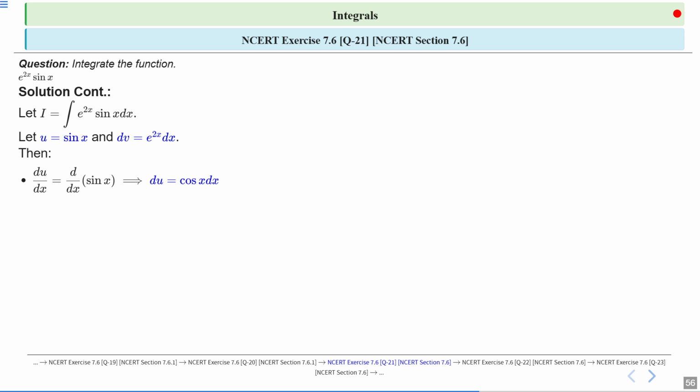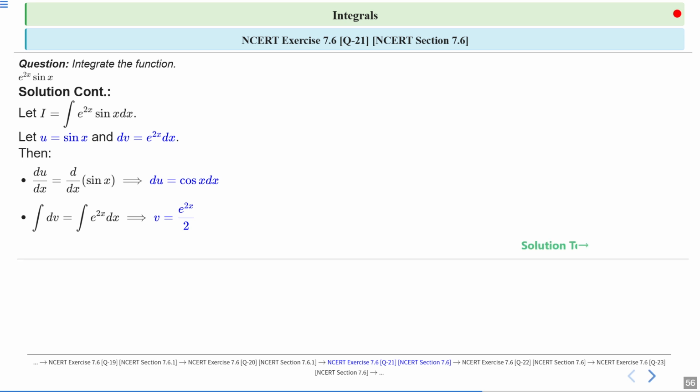Now we have to find du. Differentiating u with respect to x, the differentiation of sin x is cos x, so du is equal to cos x dx. And to find v, integrate dv. So the integration of e^2x dx gives v is equal to e^2x by 2.